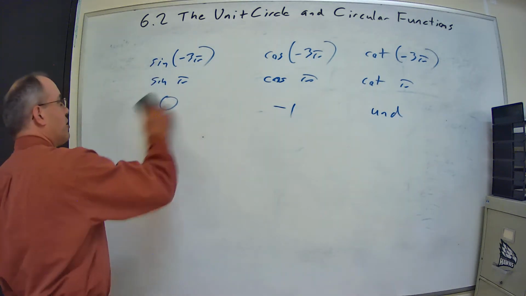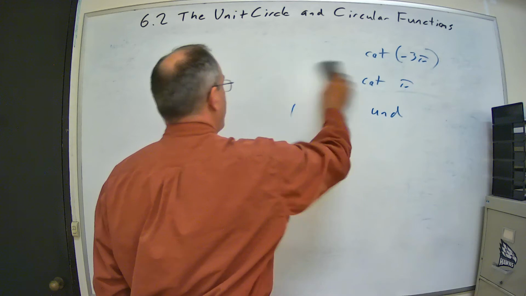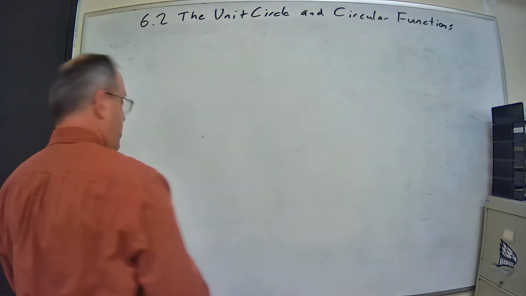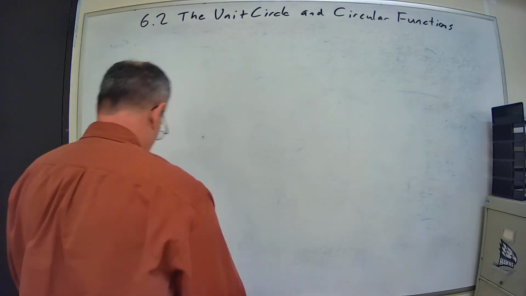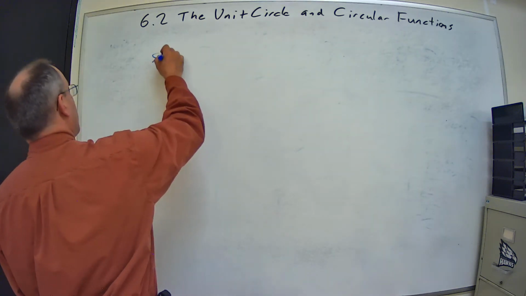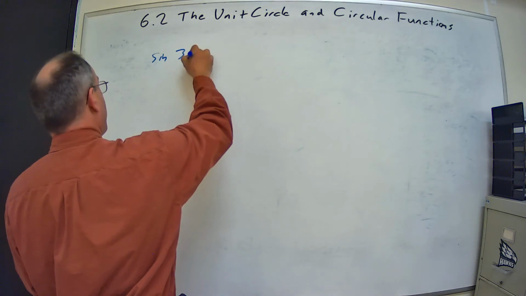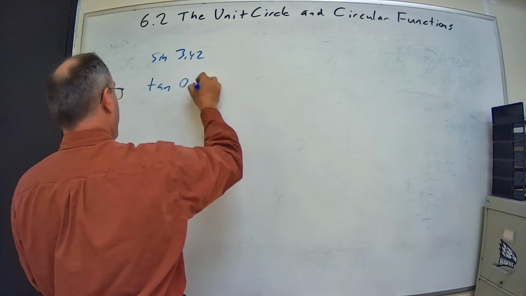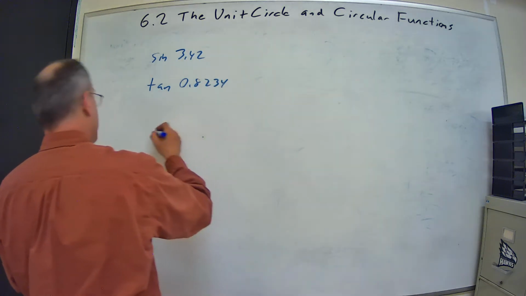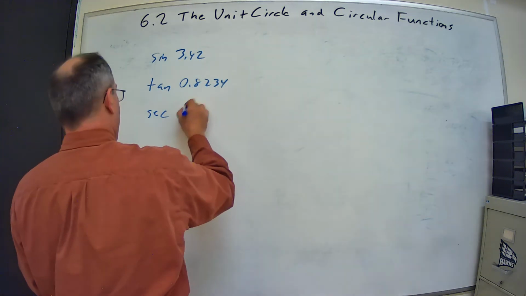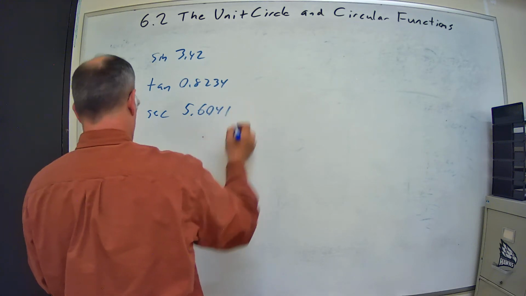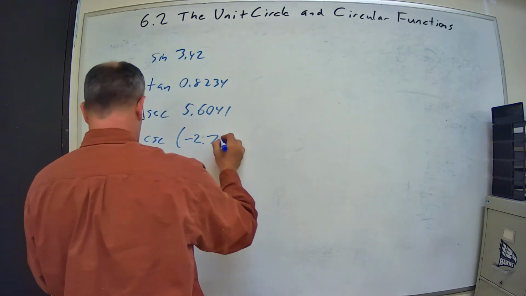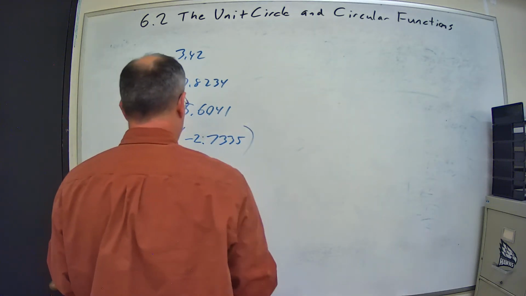Now let's plug some values into our calculators. Remember, make sure your calculators are in radians. And let's approximate the following: sine of 3.42 radians, tangent of 0.8234 radians, secant of 5.6041 radians, and cosecant of negative 2.7335 radians.